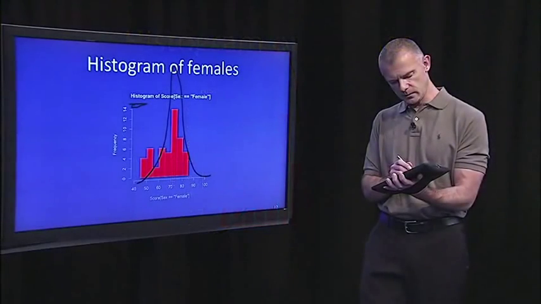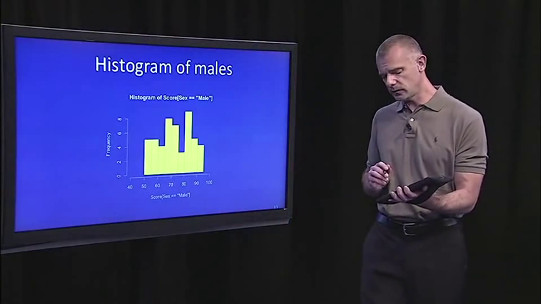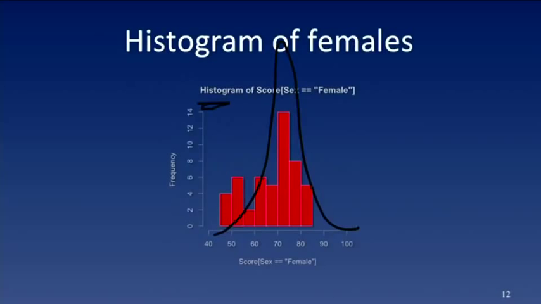Let's compare that to the males. So here's the histogram for the males. If you look at the y-axis, frequency, this number here is 8. Let's go back and look at the women. We had 14 as the peak in that histogram.